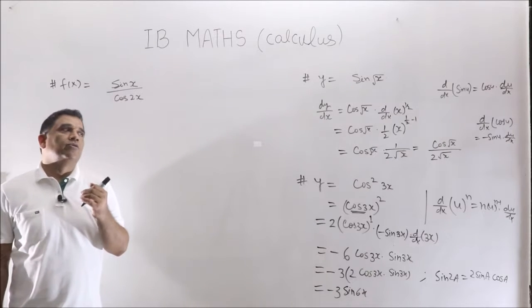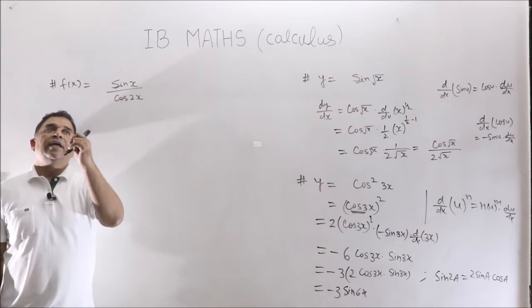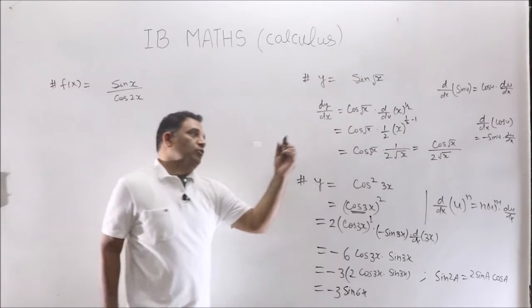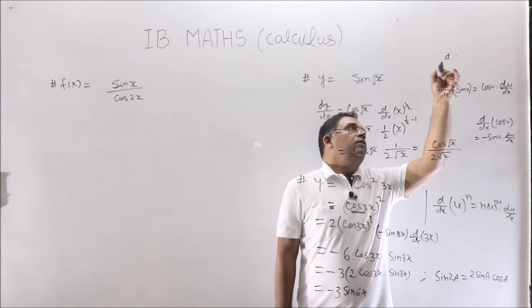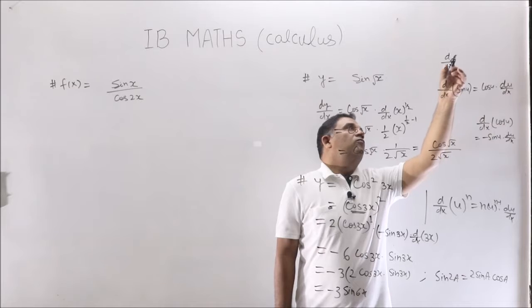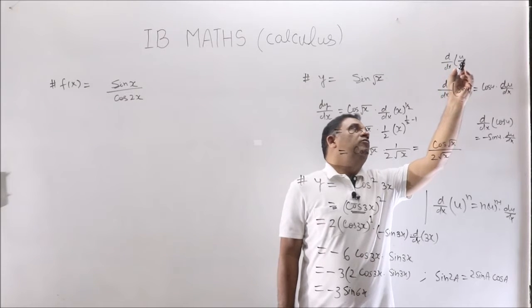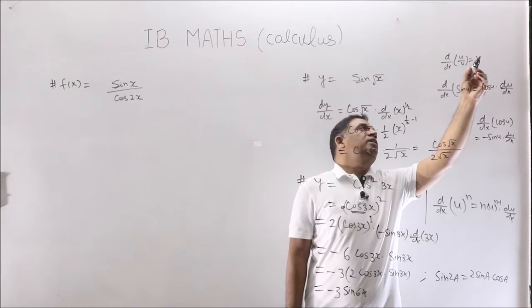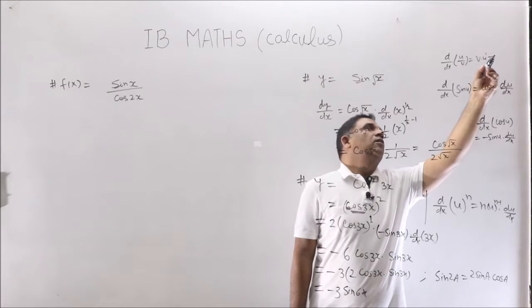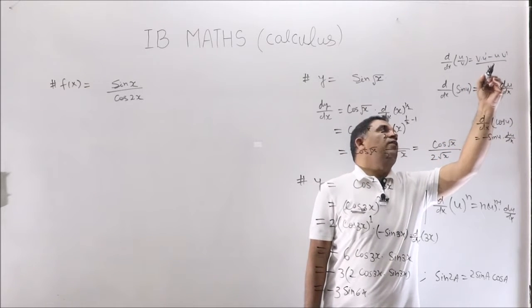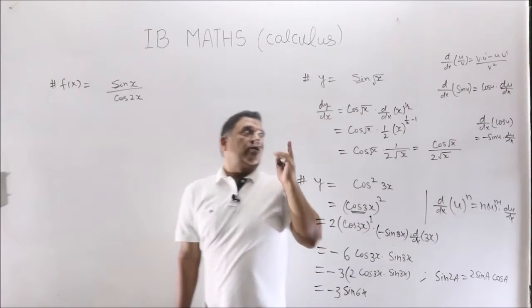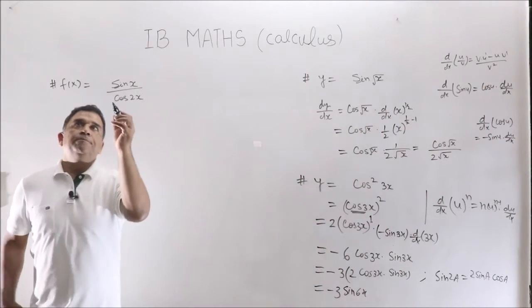We have to apply the quotient rule. The derivative of u over v is v times u dash minus u times v dash, over v squared. So we are going to use that formula here.